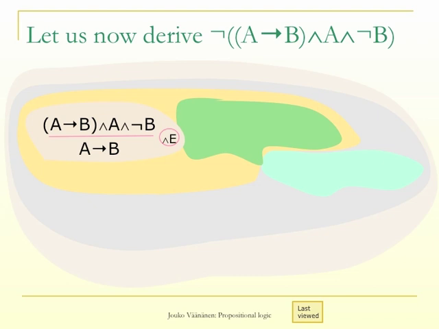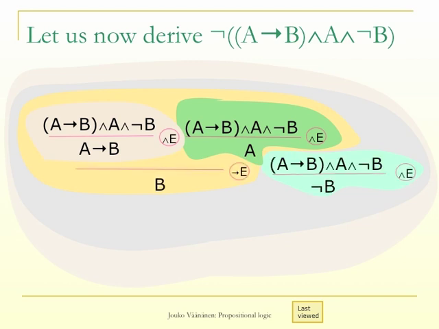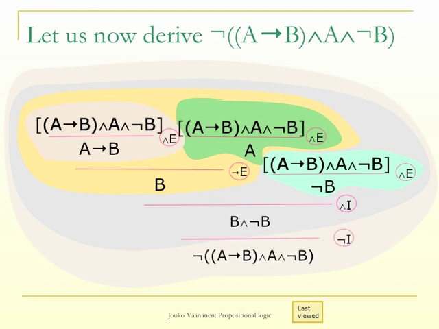Repeat the above derivation of B and not B from the given assumption. Then use the negation introduction rule to derive the negation of the assumption, and at the same time the temporary assumption is eliminated, indeed in 3 places. The deduction of the negation of ((A implies B) and (A and not B)) is ready.